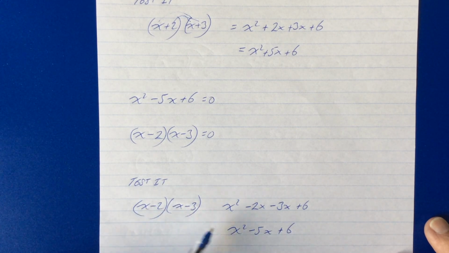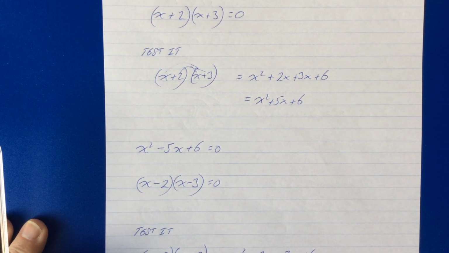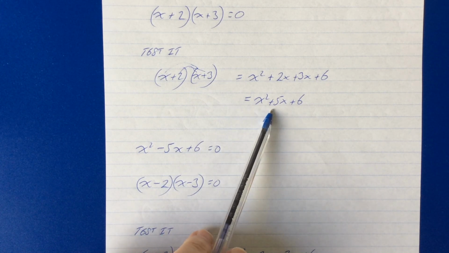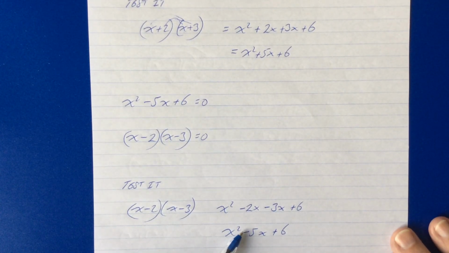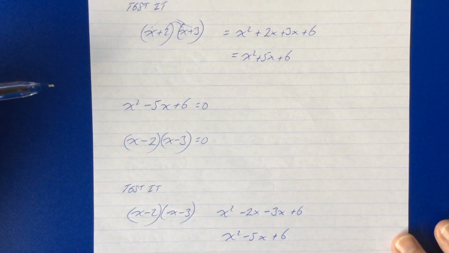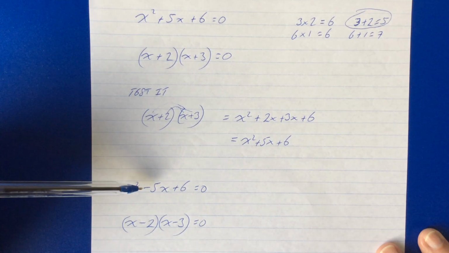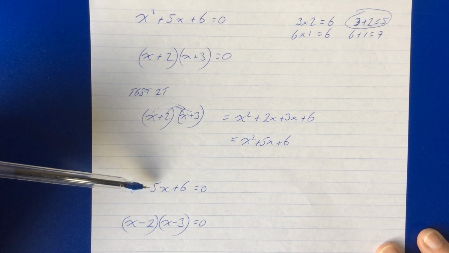Negative 3 times x gives us negative 3x. That all adds up together happily to x squared minus 5x plus 6. And that's the contrast with this. Positive 5, negative 5. And the reason for the difference is because what we started out with up here was a positive, what we have here is a negative.